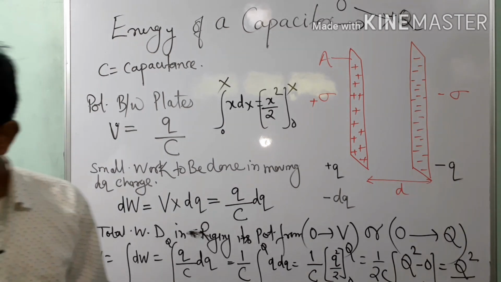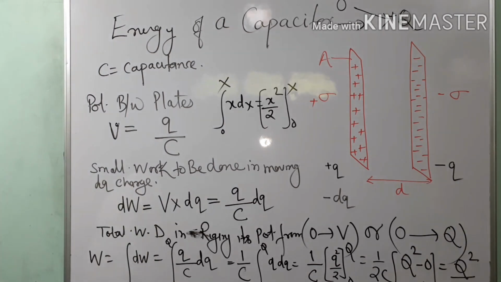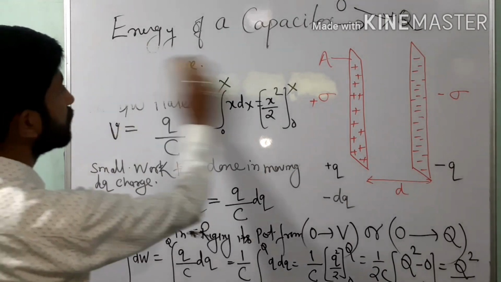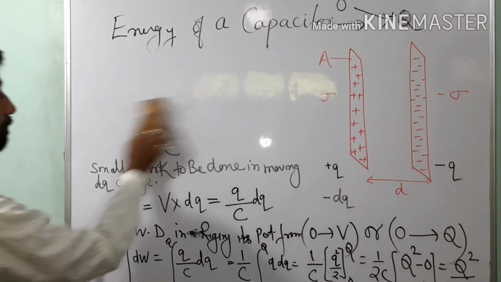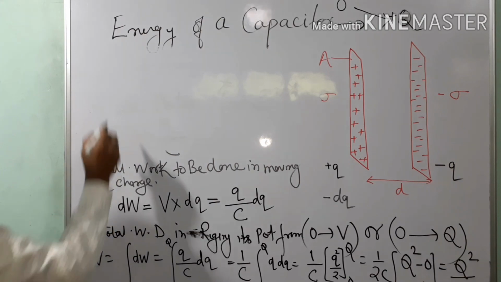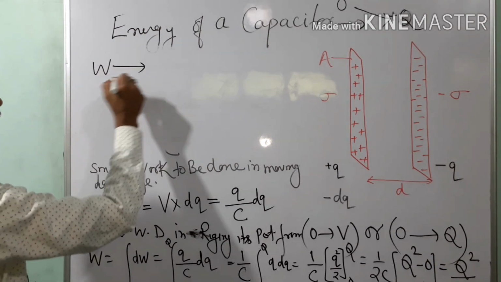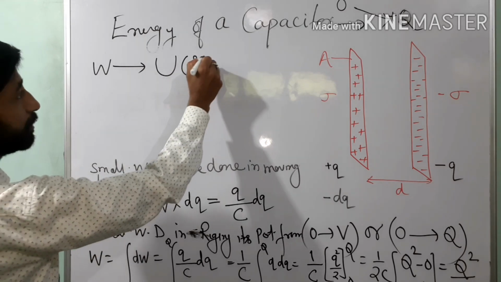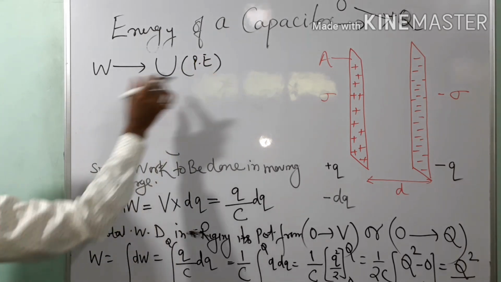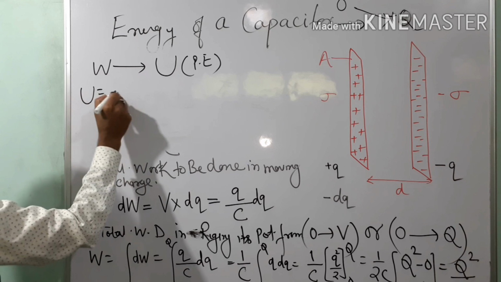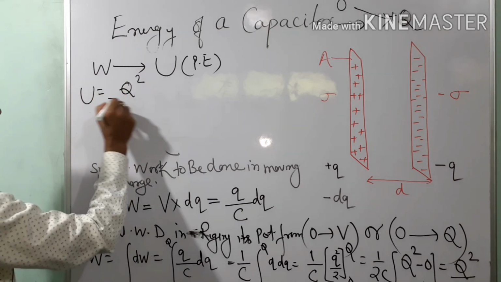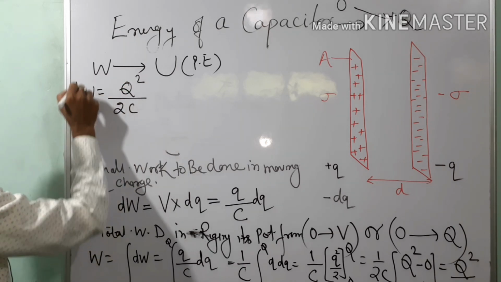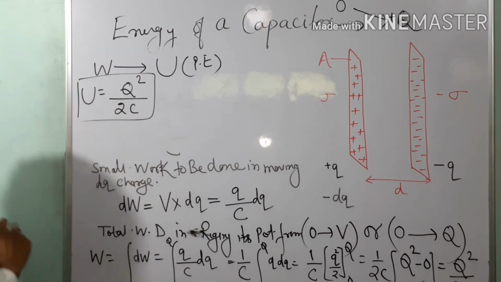So literally we have to write again, this work done gets stored as its potential energy capital U. I am using symbols, please note this. So U is equal to total charge square over 2C. This is the final expression.